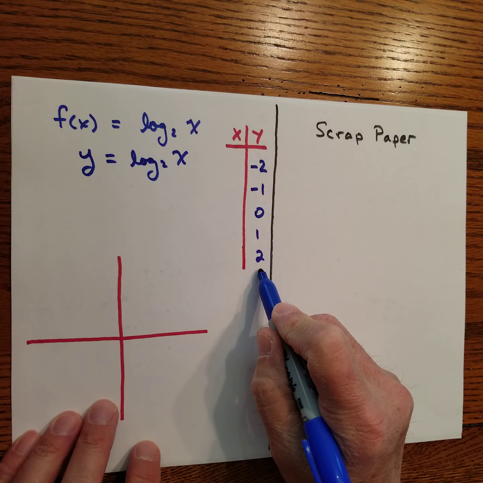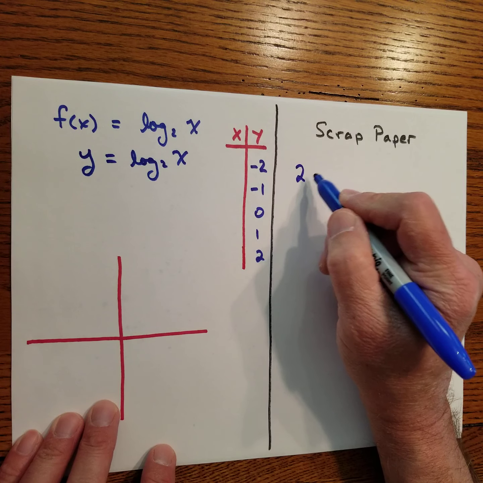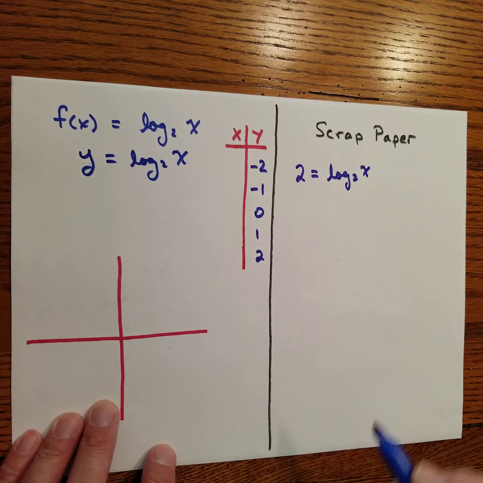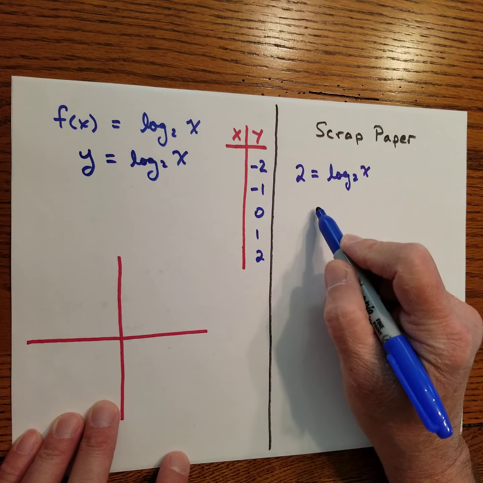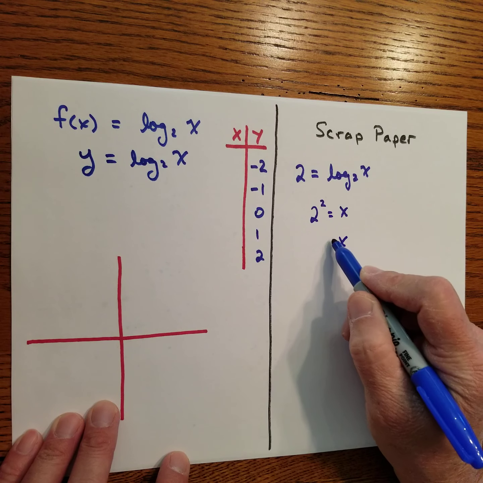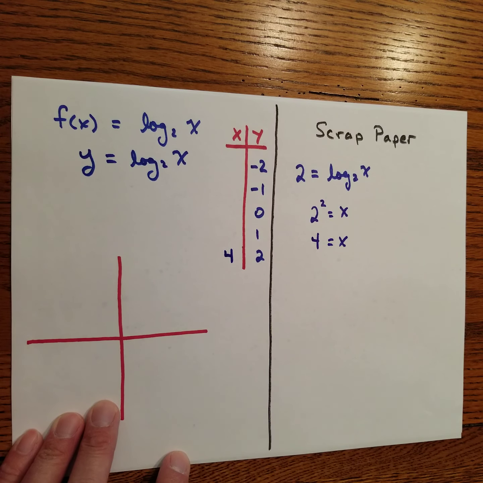I'm going to start with the 2, plug it in for y there, giving me 2 equals log base 2 of x. Now that's the exponent that goes on that 2 and changes it into x. 2 squared is 4. Got it.